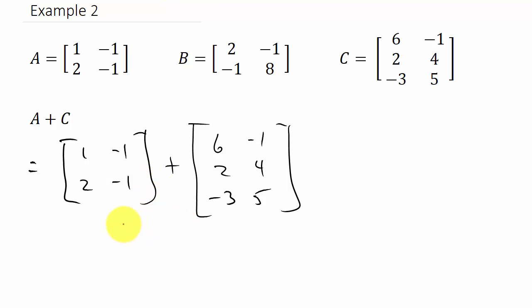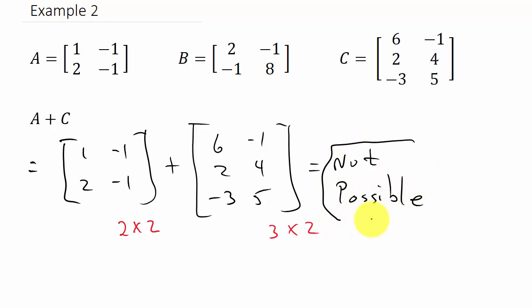Now if you notice, remember this matrix is a 2 by 2, 2 rows and 2 columns. This one has 3 rows by 2 columns. So you can see here the dimensions are not the same. So to add these is not possible. Okay, so we can't add these because they don't have the same dimensions.